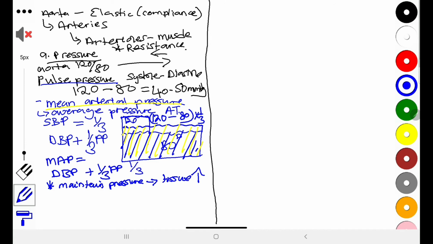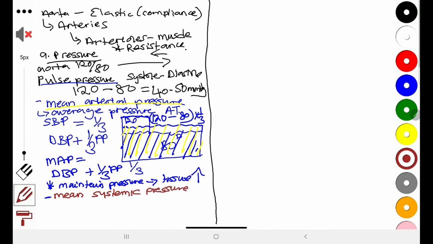The next one that I'm going to talk about is another type of pressure, and this pressure is known as mean systemic pressure.